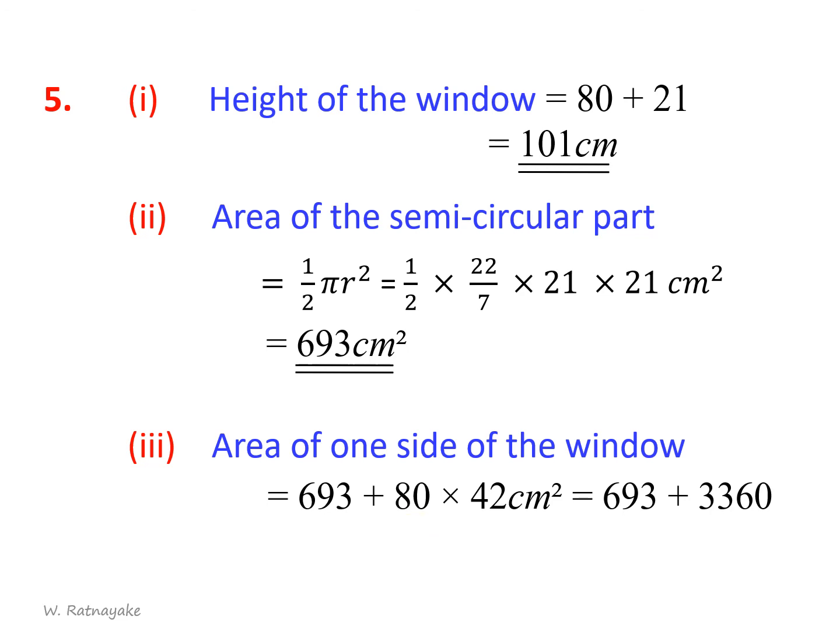When you add these two, you get 4053 square centimeters as the area of the complete window, including the rectangular part and the semicircular part. So this is the way of getting the correct answers for question number 5.